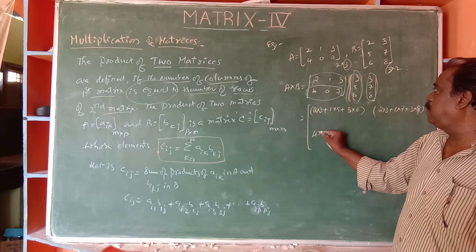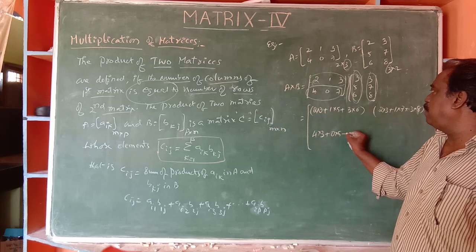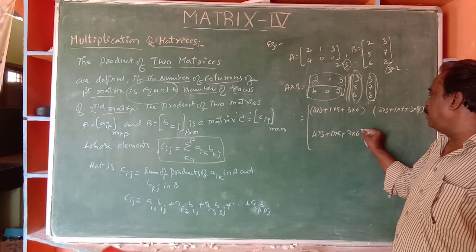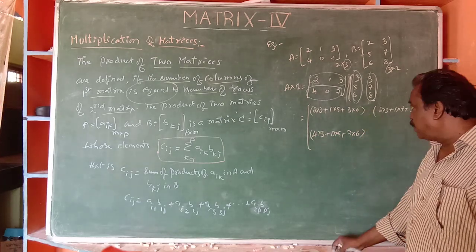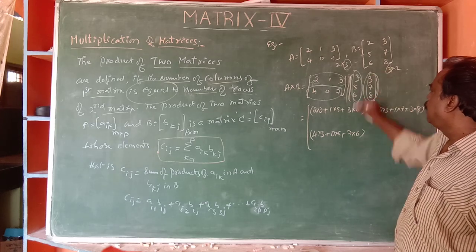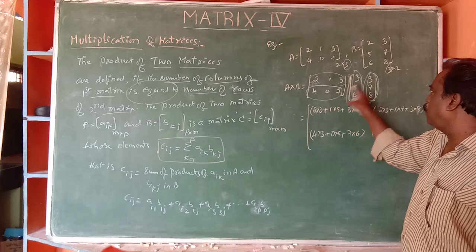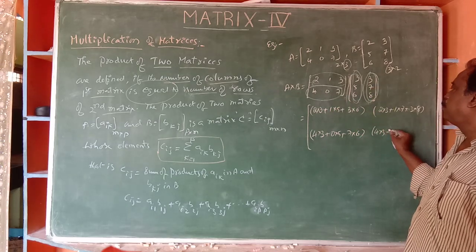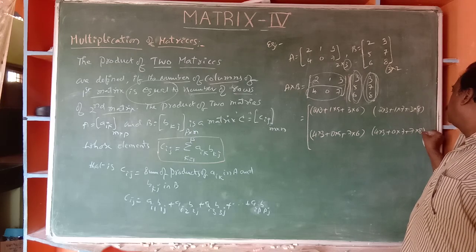It is 4 into 3, plus 0 into 5, 7 into 6. Again, second row, second column: 4 into 3, 0 into 7, 7 into 8.